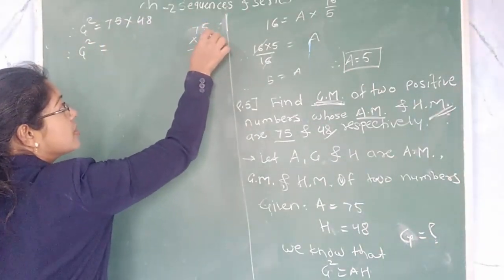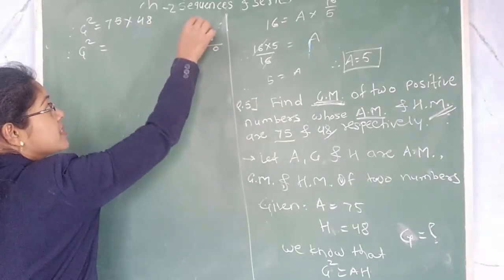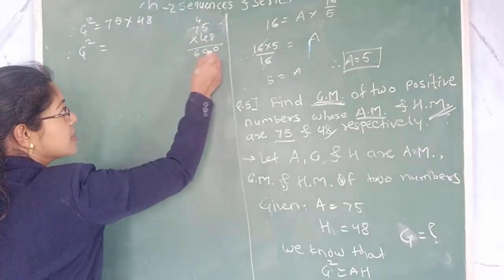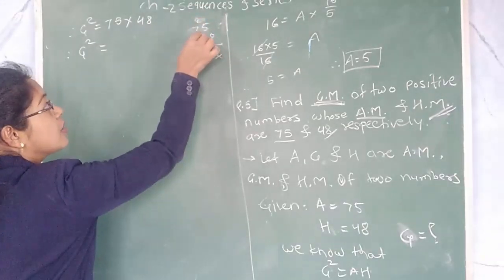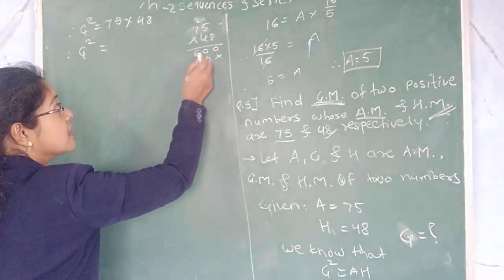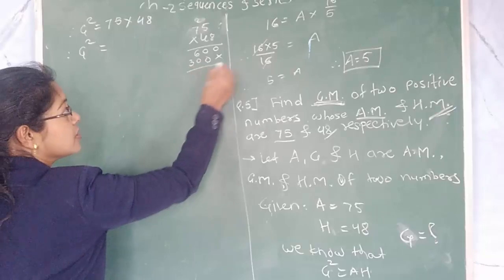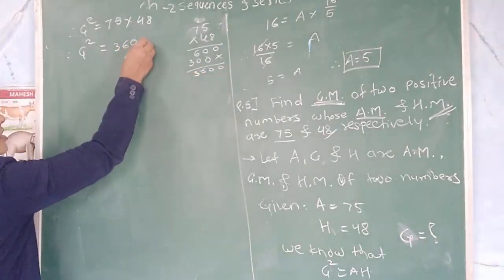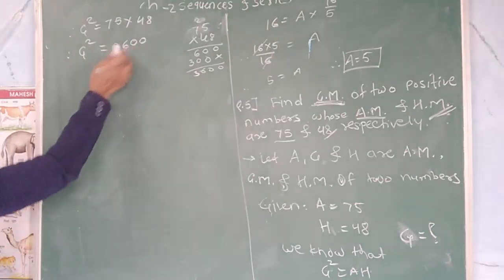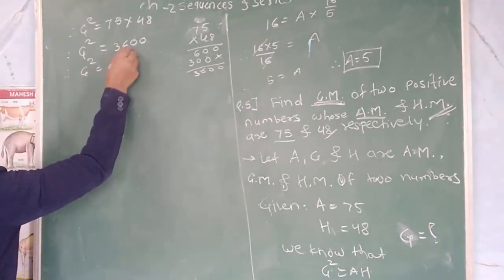Okay, 4 8s are 32, 4 7s are 28, and 3 is 31. Now, 4 5s are 20, carry 2. 4 7s are 28, and this 2 makes 30. So this is 3600.